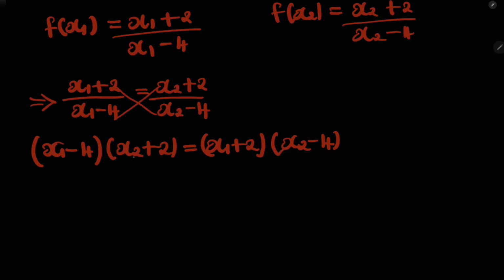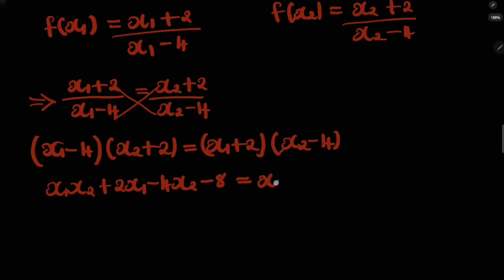We have x1x2, plus 2x1, minus 4x2, and then minus 8, equal to, opening this other bracket, x1x2, minus 4x1, plus 2x2, and 2 times minus 4 still gives us minus 8. So here we go.